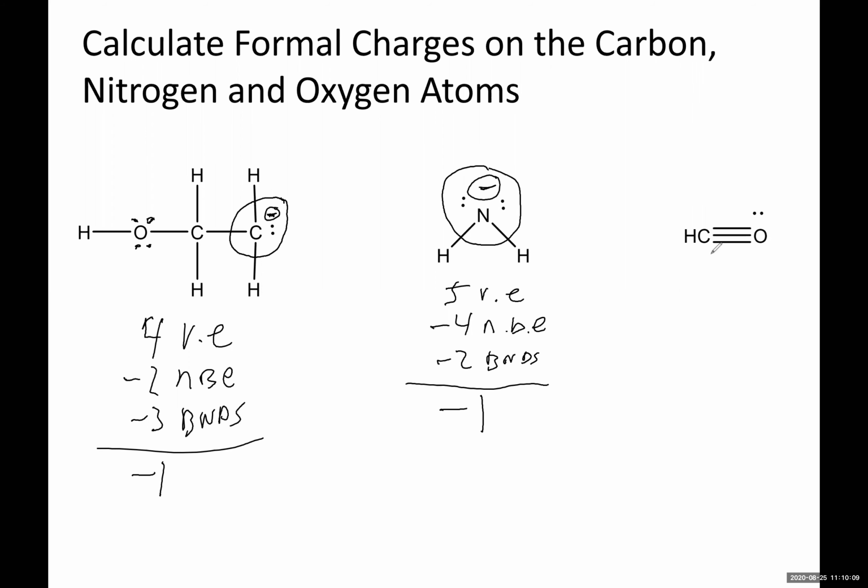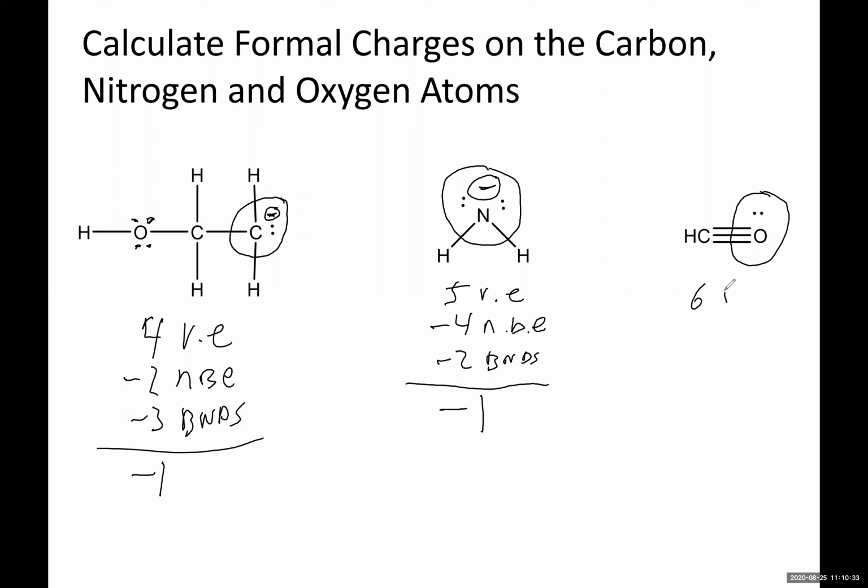The last one: carbon is neutral because it has four bonds. The hydrogen's neutral because it has one bond. But this oxygen is not neutral, right? Because if it were, it would have two bonds and two lone pairs. So let's see what it is. Oxygen is in group 6A.